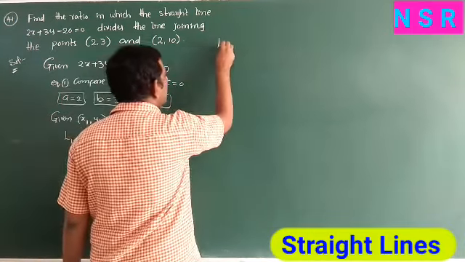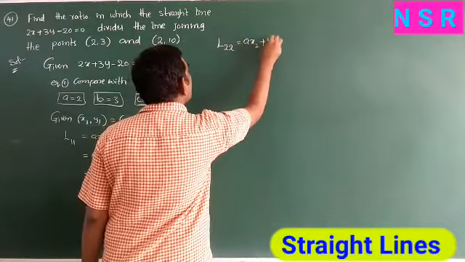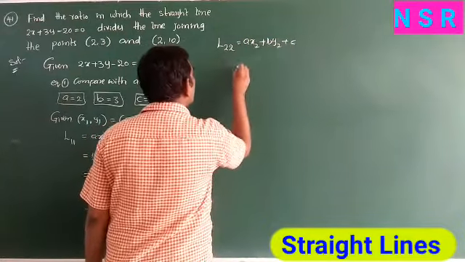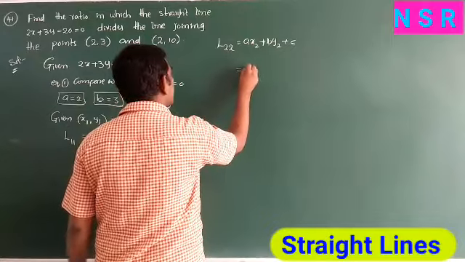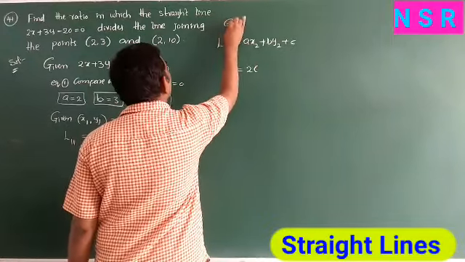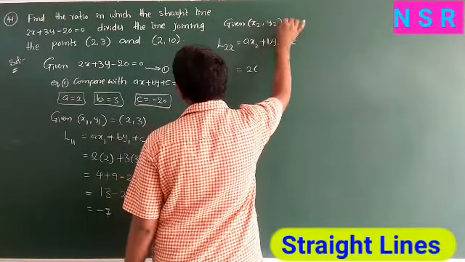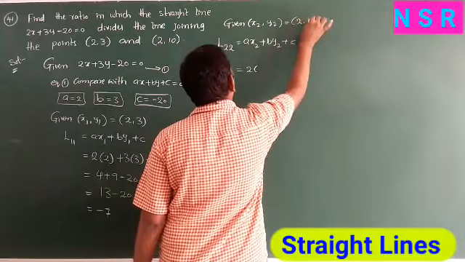Next find L22: ax2 plus by2 plus c. Now substitute the values. The a value is 2, and here x2, y2 equal to (2, 10).